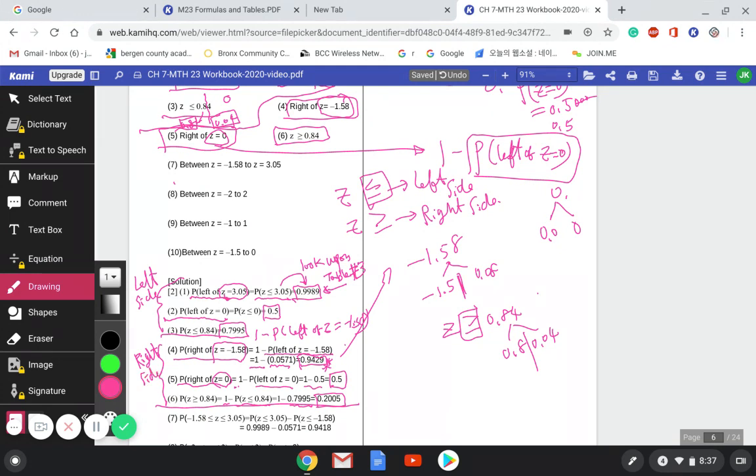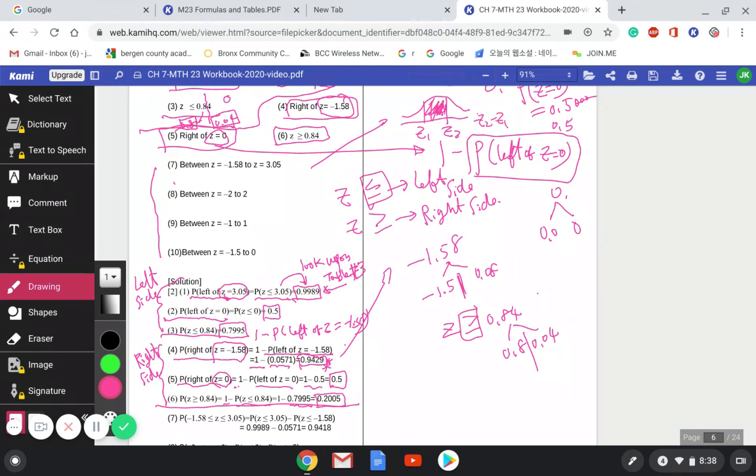Now the rest of the questions are about the range between these two. Whenever they are looking for a range, which looks like Z1 and Z2, it is always Z2 minus Z1, and then you get the between.